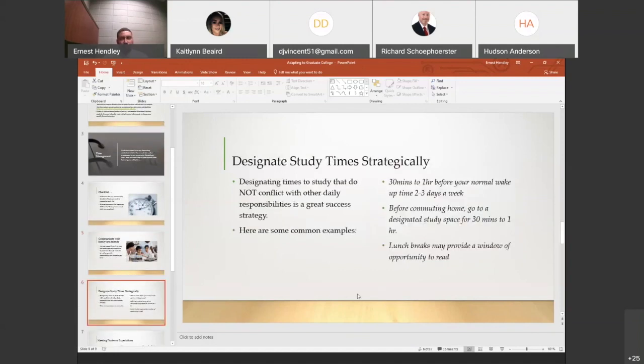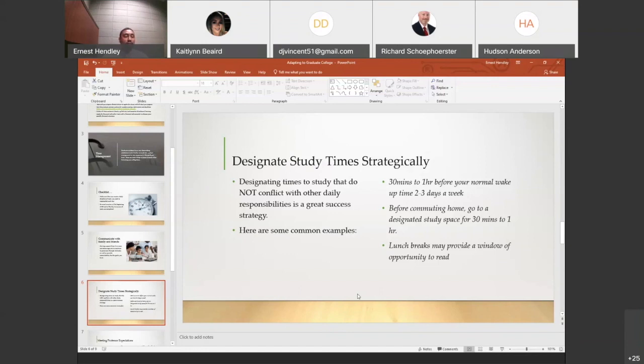And then, very important that you designate your study time strategically. You don't have as much study time, particularly on campus, as many of your classes will be at night in the evening time and or online. So while you're doing that, most people will either be in a graduate assistant or teaching assistant role, or they'll have full-time work responsibilities.